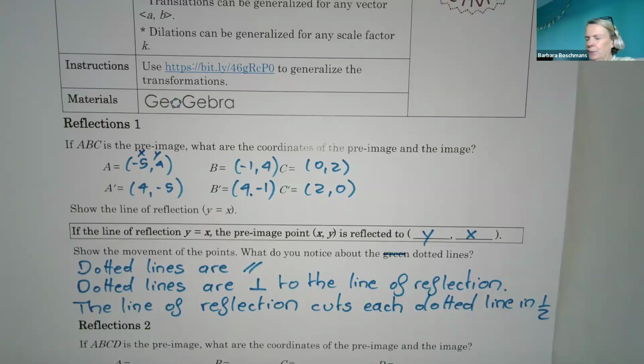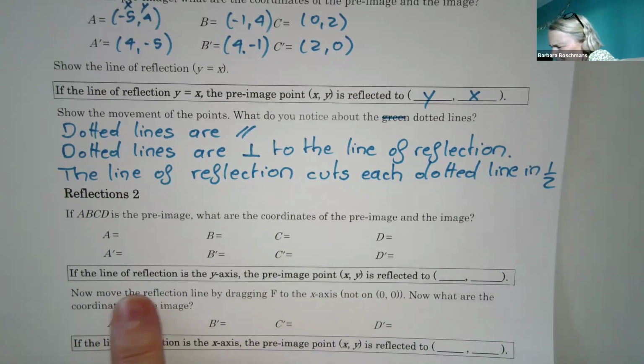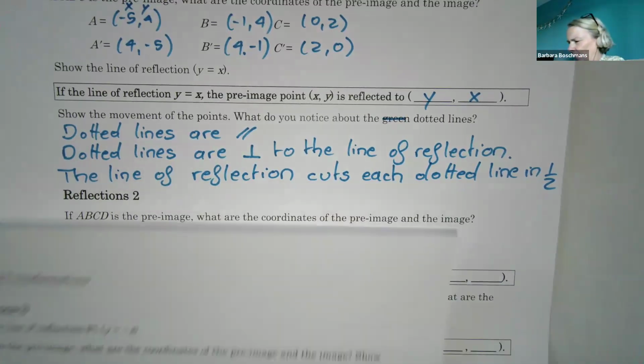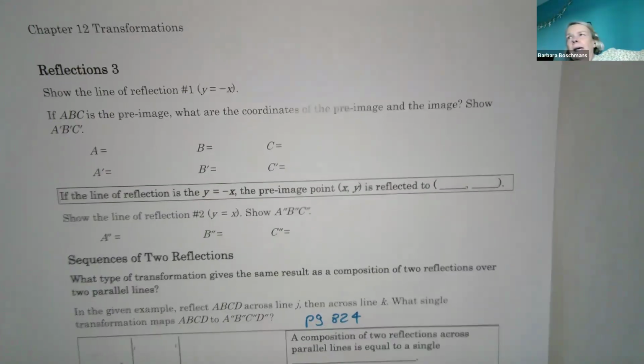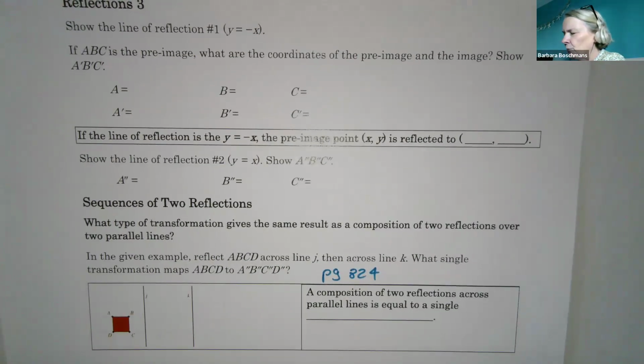Okay, so go ahead with that same activity, do reflections 2. We're going to try to generalize it for the y-axis, the x-axis, and then the line y equals -x, which is what we had when we did the reflections by hand. Then we're going to look at sequences of 2 reflections across parallel lines and perpendicular lines.